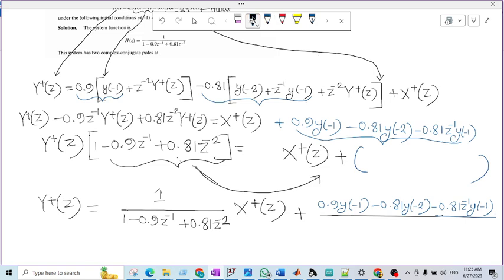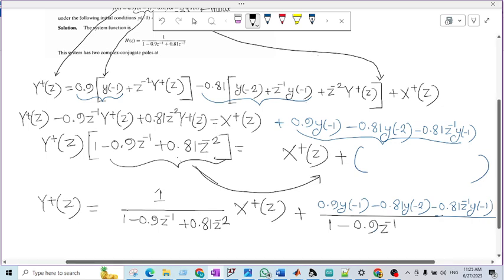And at the denominator you have to write the same thing, 1 minus 0.9 z inverse 1 plus 0.81 z inverse 2.